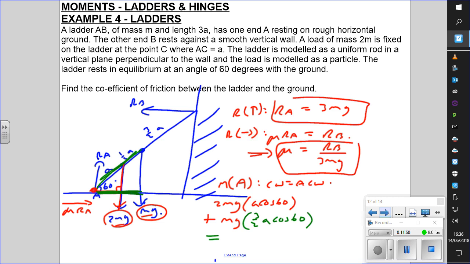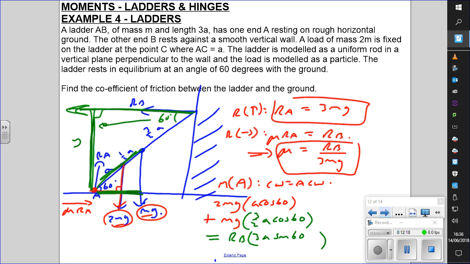Equals, so now we're doing our anti-clockwise ones. Here's my force, RB. See how I'm drawing it past the pivot point, right? So I make that right angle there. So this is the distance I'm looking for. So force is RB. Distance is y. How am I going to get that? Well, I can see this is a Z angle, so that's 60. Our total length of the ladder is 3a, and 60 is opposite y, so I know I'm straight into sine 60. Okay?